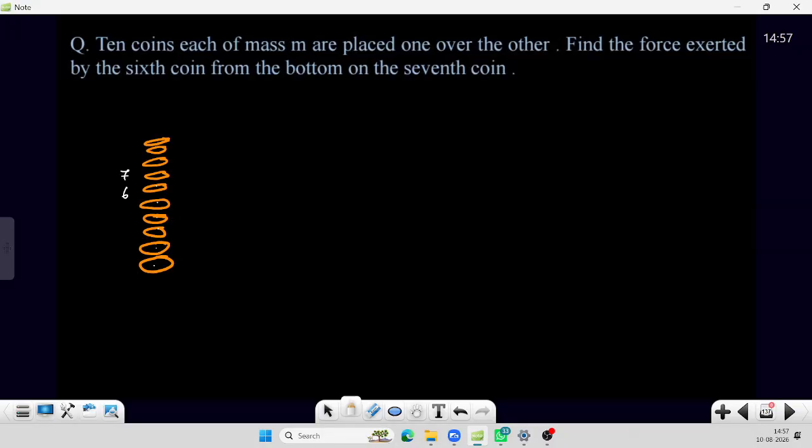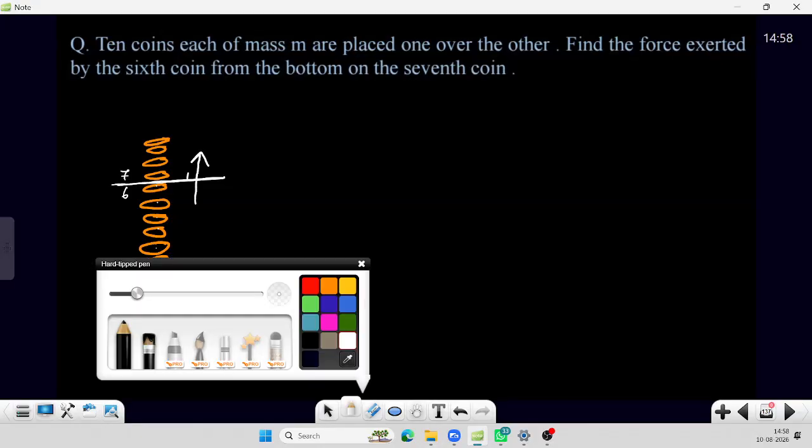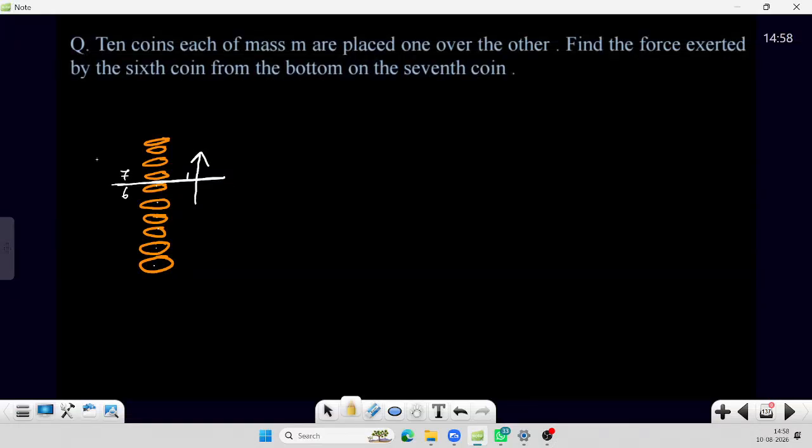Now they are asking to find the force caused by the sixth coin on the seventh coin. The sixth coin pushes the seventh coin in the upward direction, and at the same time the seventh coin pushes the sixth coin in the downward direction.